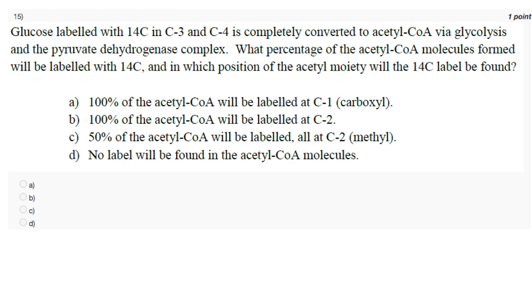What do you think the probable answer could be? Option B was the correct answer. The percentage of labeled acetyl coenzyme A will be 100%, labeled at C2. Okay, I think there will be no label found in the acetyl coenzyme A molecules, because the carbons will not be coming from the glucose. They will be coming from the pyruvate dehydrogenase complex.